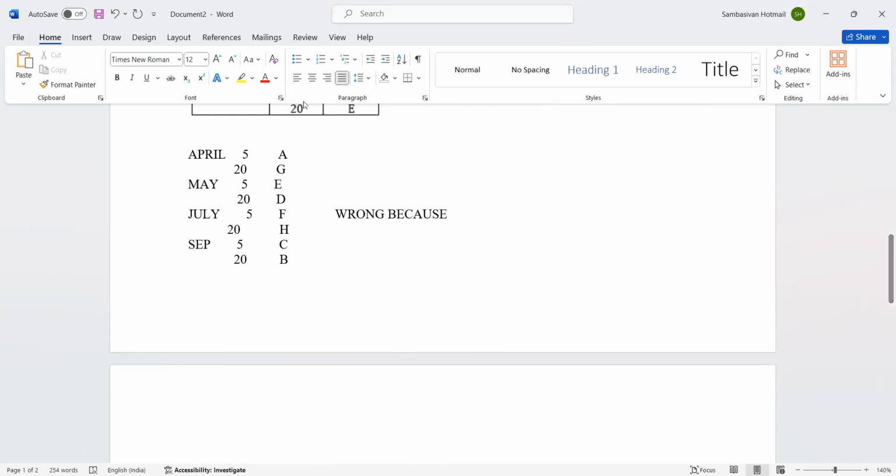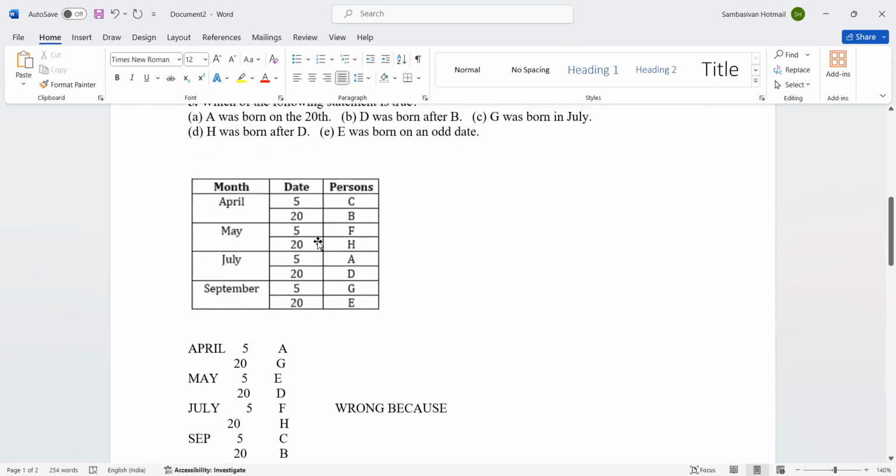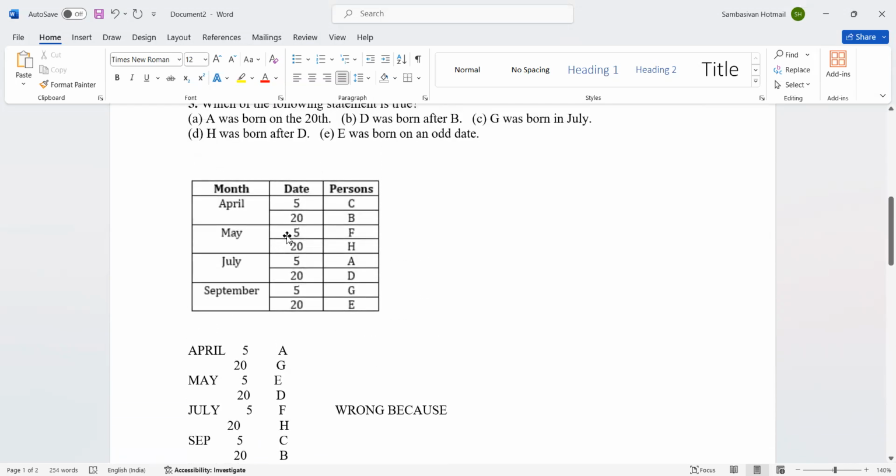All other conditions are fulfilled when you take F to be born on 5th of May. But if you take 5th of July, it does not come out correctly. If you take 5th of May, this is the diagram that will come, and all the conditions will be fulfilled.